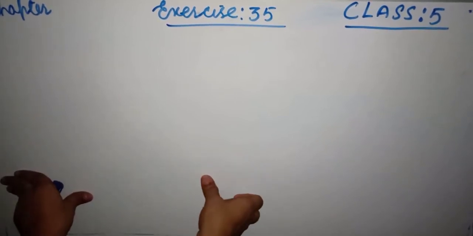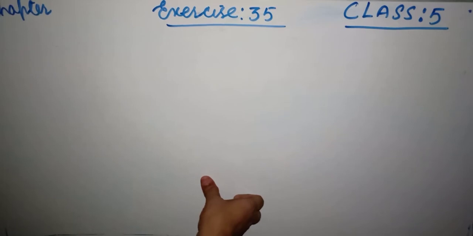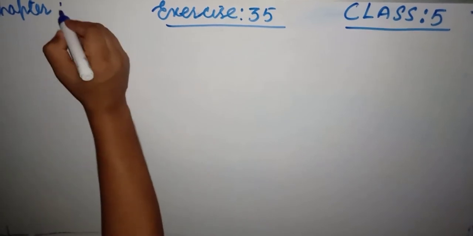So my name is Asif, your mathematics teacher, present before you to learn and understand some of the questions from exercise 35, chapter number 9, multiplication and division of decimals.